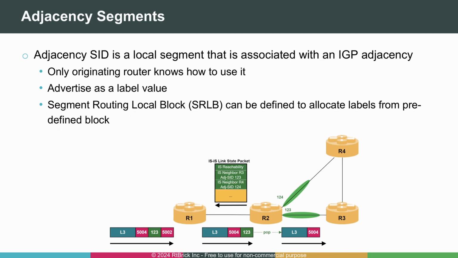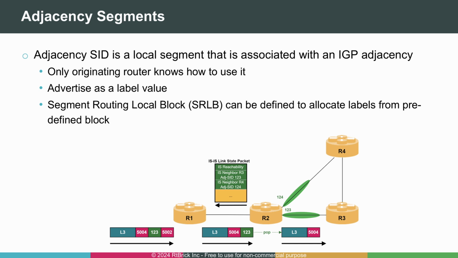The IGP adjacency segment is a local segment that represents a specific interface to an IGP neighbor. In this context, local means that only the originating router understands the semantics of the segment and how to process it. In contrast to the prefix SID, which is advertised as a domain-wide unique index, the adjacency SID is advertised directly as a label.